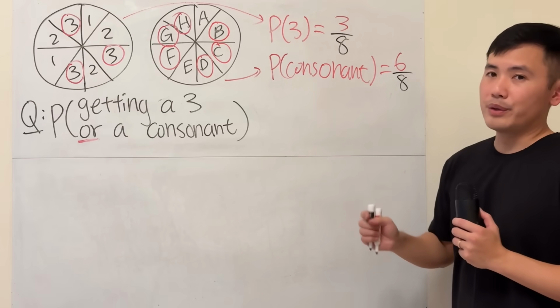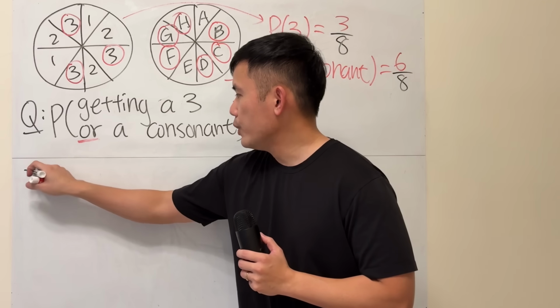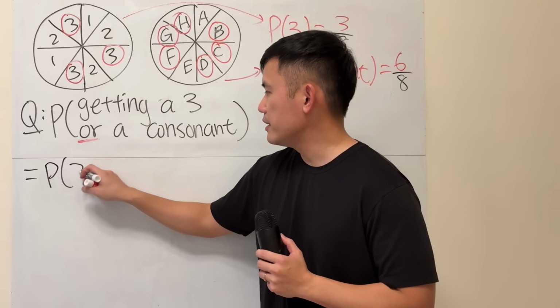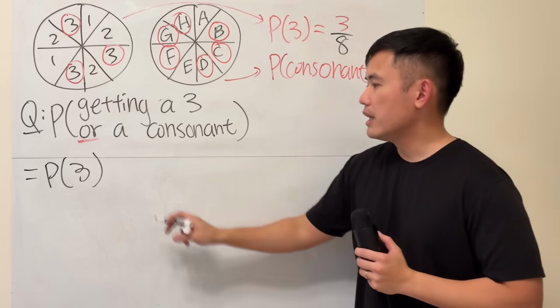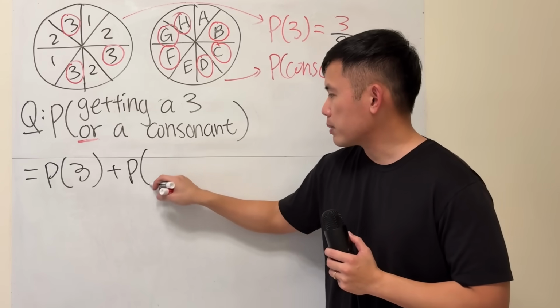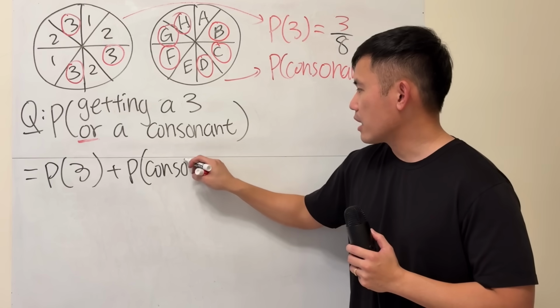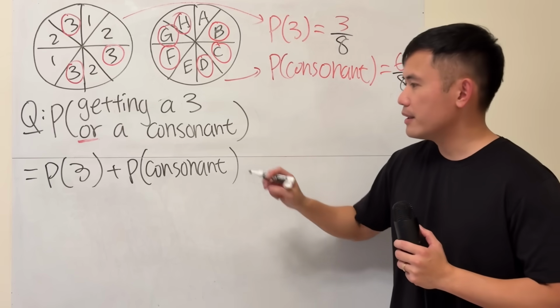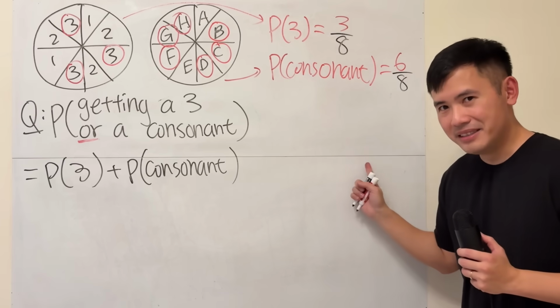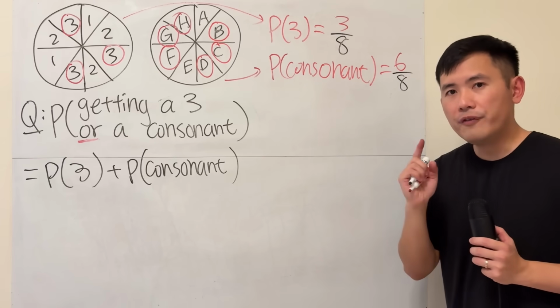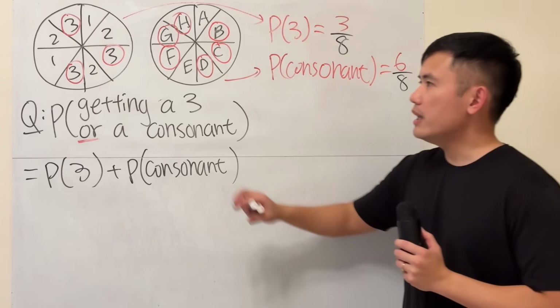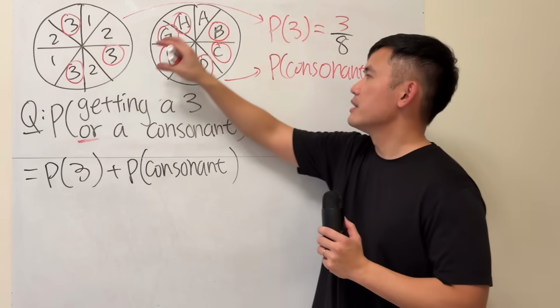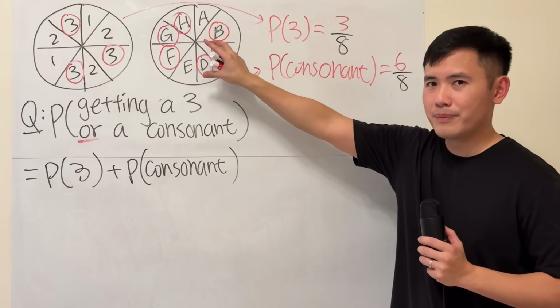Now, this is how it goes. To figure this out, we are going to have the probability of getting a 3 from the first one, and then we add it with the probability of getting a consonant from the second one. And then this is the trickiest part. You first have to ask yourself, can you get a 3 from here and a consonant from here?